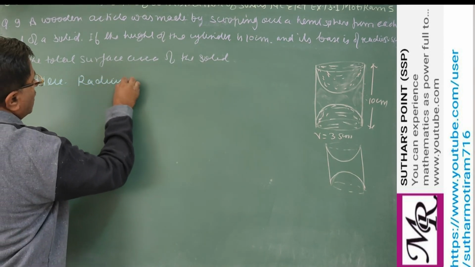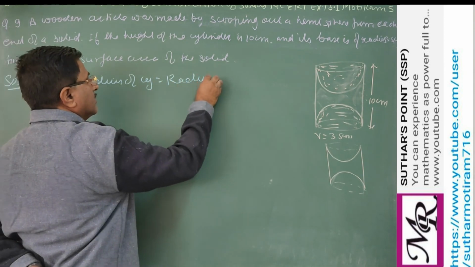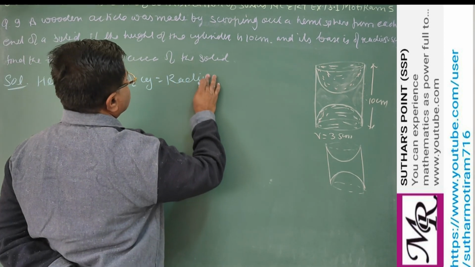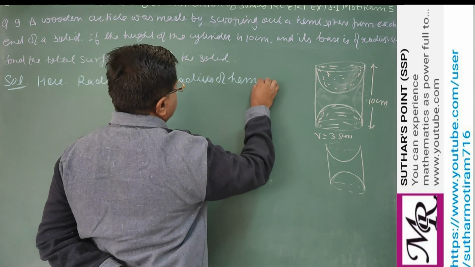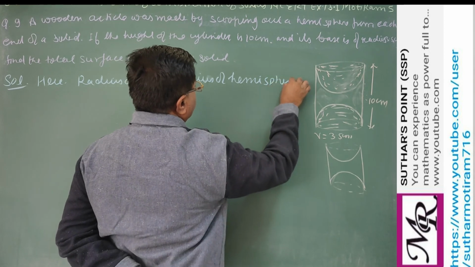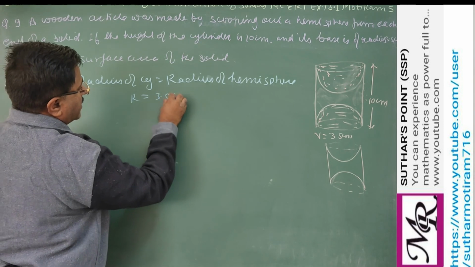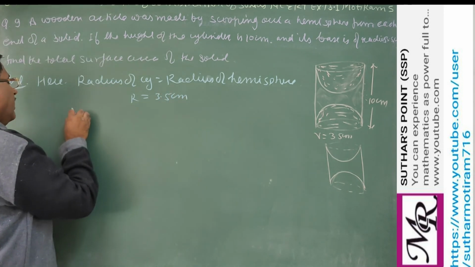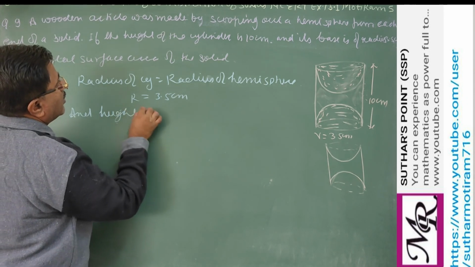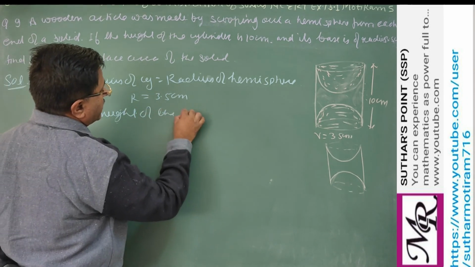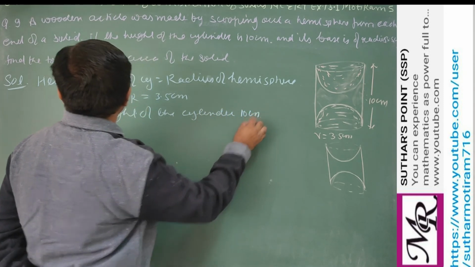The radius of the cylinder is also the radius of the hemisphere, for each hemisphere the radius is equal, that is r, which is 3.5 centimeter, given. And the height of the cylinder is given as 10 centimeter.